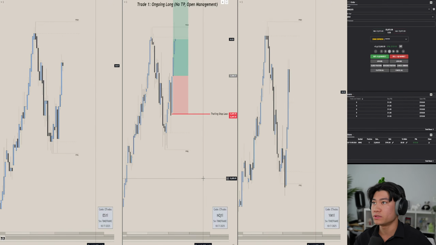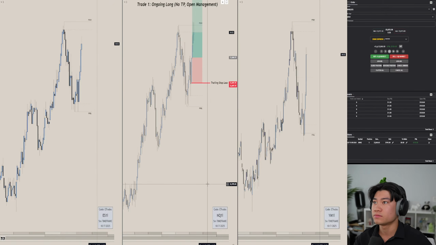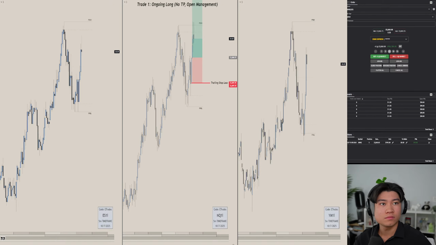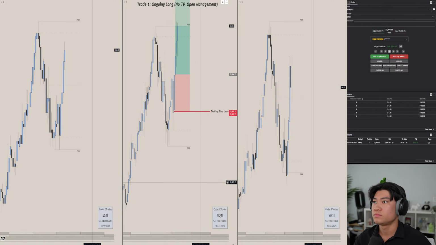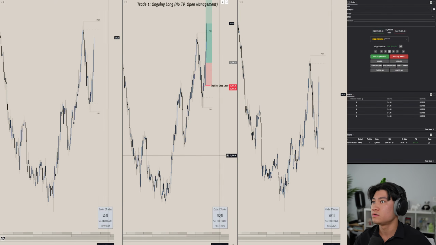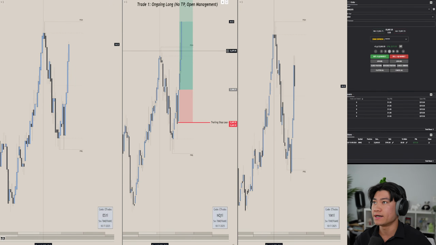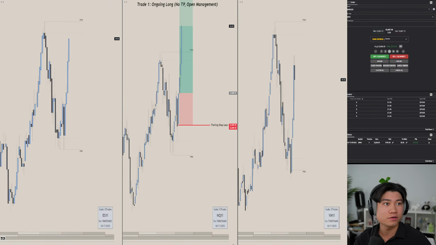So now we have equities open. See if we can get a run higher here. So if this 9:30 candle does close above this previous 90-minute high, I'm going to move stops to break even here.